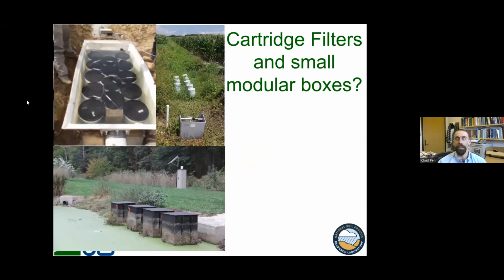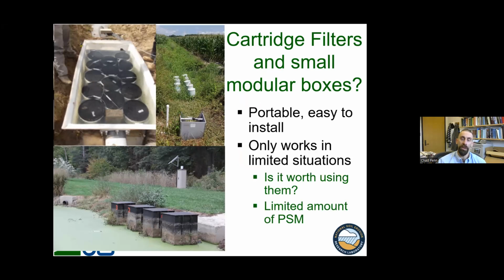I wish I could tell you that we can just make little cartridge filters in small modular boxes with 5-gallon buckets sitting in them, but it's just not true. It sounds really nice, you've got something that's portable, easy to install, but those only work in very limited situations. So limited that you've got to ask yourself, is it even worth using them? They can't handle hardly any flow rate.